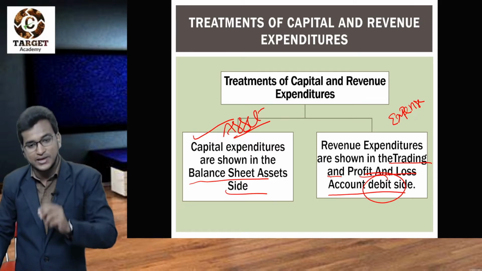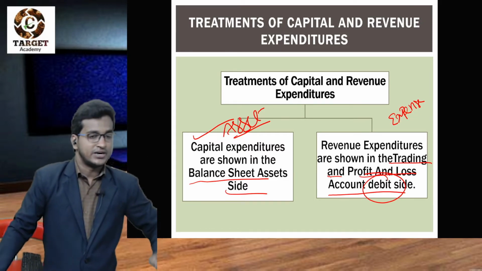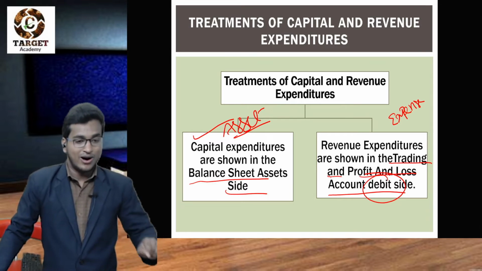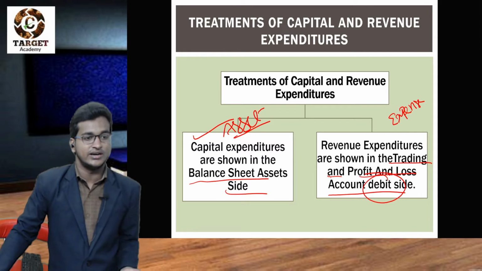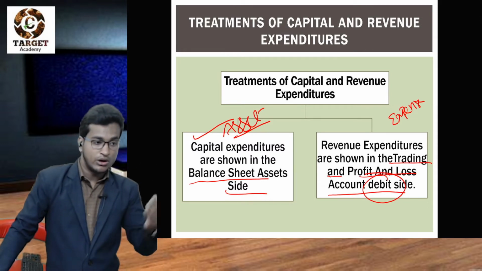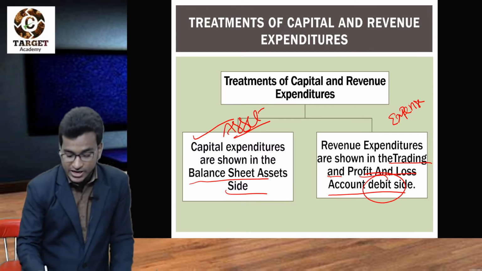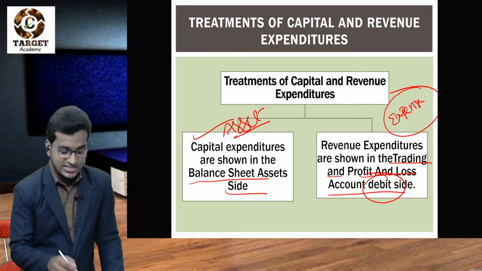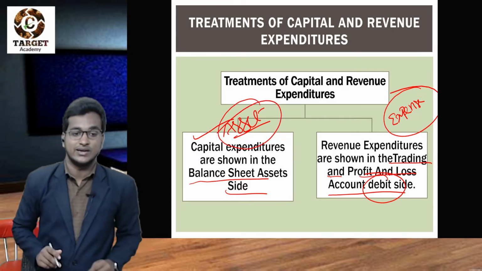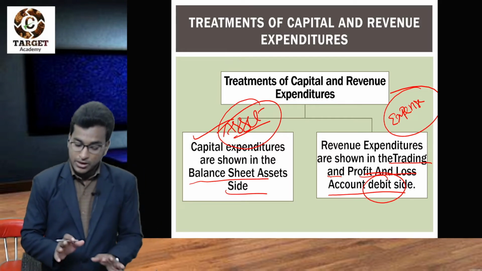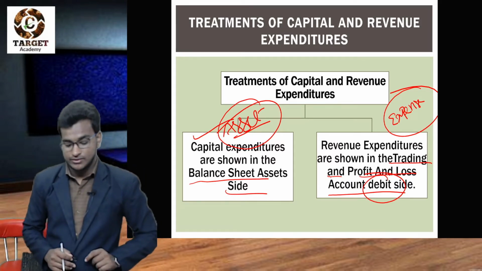Because this is expense, it will come under the trading account debit side or P&L account debit side. Because expense will come under the debit side, right? Either trading account or P&L account, because that is my expense. If it is an asset, what will happen? It will come under the balance sheet asset side. Okay, please note this chart, very important.